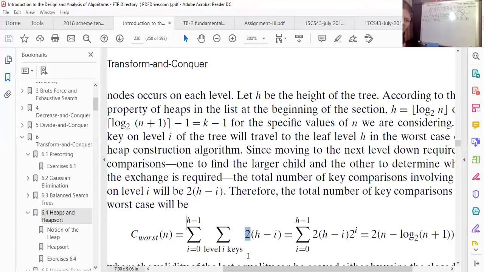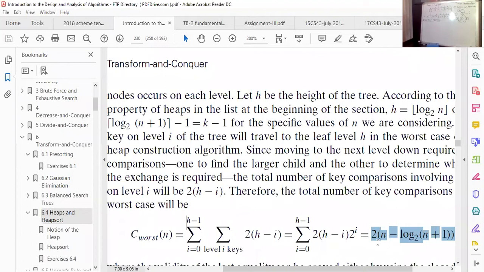On solving this, we get 2 into n minus log of n plus 1. In an equation like this, the highest polynomial factor is n. So the bottom up approach is governed by 2n, or simply n.